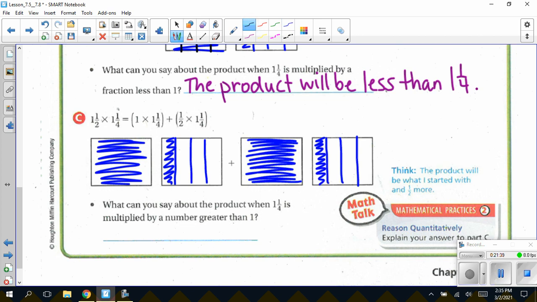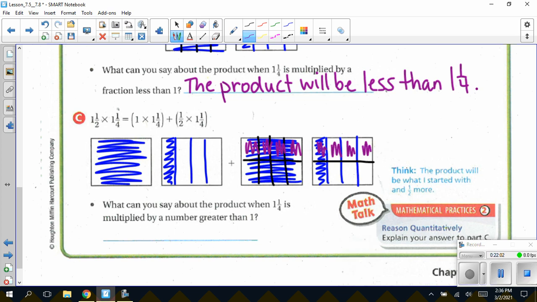And then we split the first rectangle into 4 equal pieces as well, and then cut both rectangles in half, and then showed the answer using the model of your 1 1/4 times 1/2.